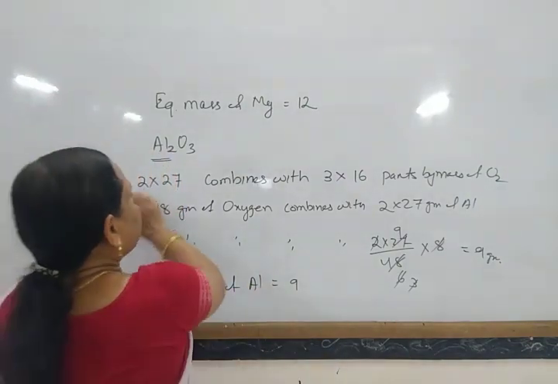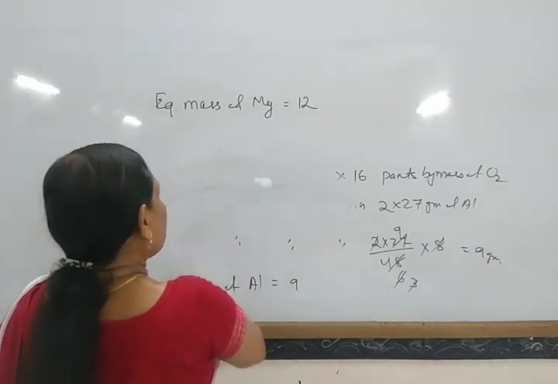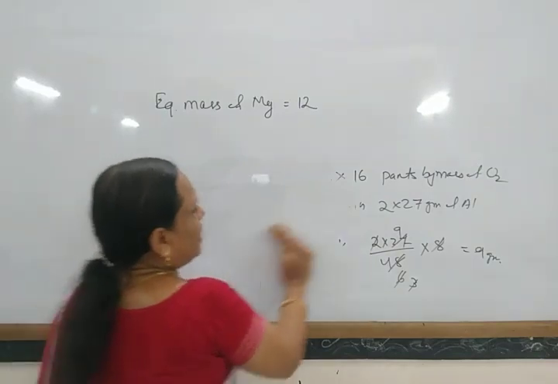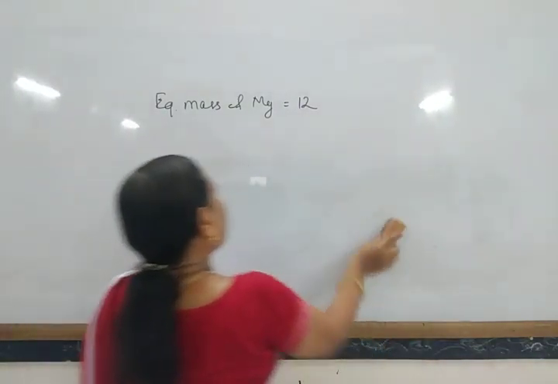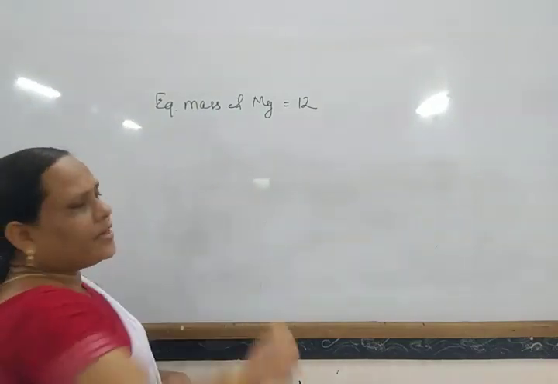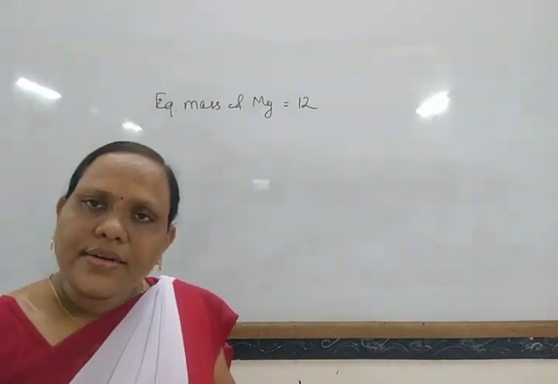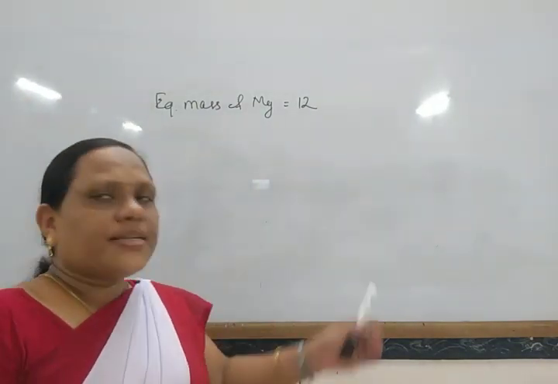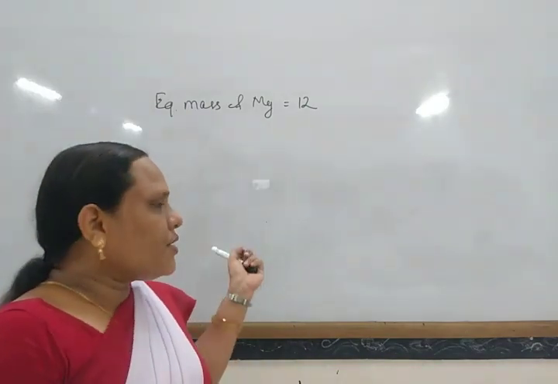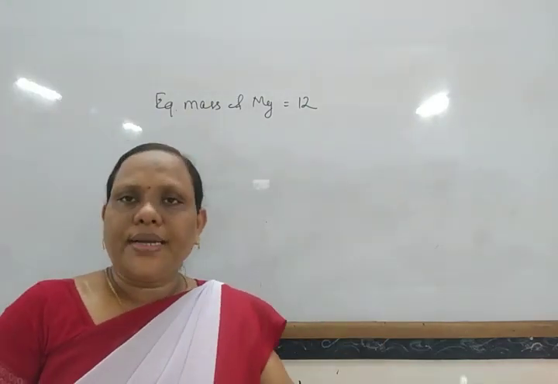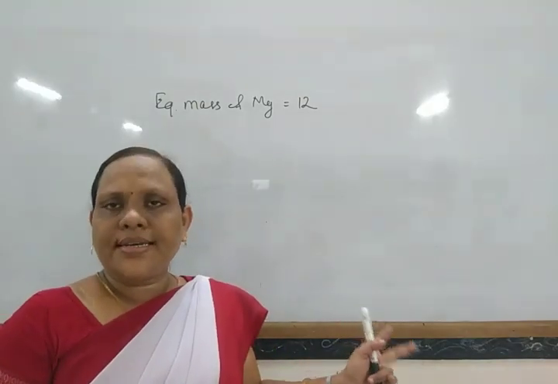Suppose we consider magnesium. Its atomic number is 12 and its nearest inert gas is neon. To achieve the nearest inert gas, it can donate 2 electrons. In this case, valency is 2.